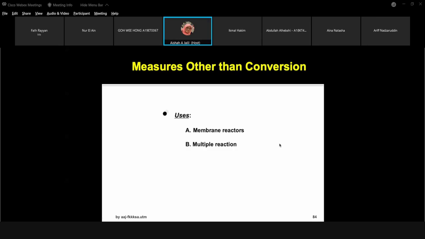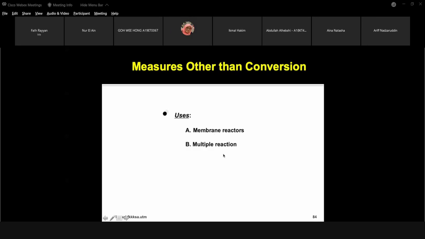If you want to use the Polymath software, you have to express the concentration in terms other than conversion. This is used, for example, for membrane reactors, multiple reactions, the complicated ones.